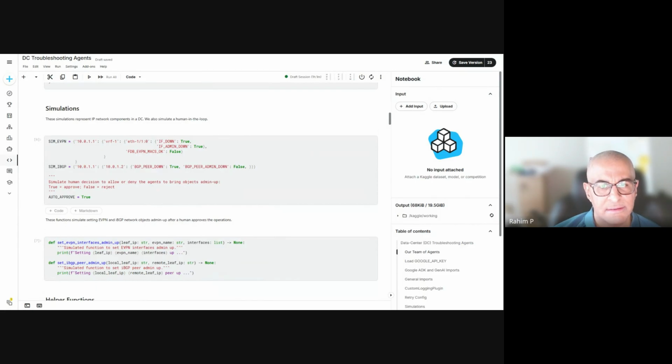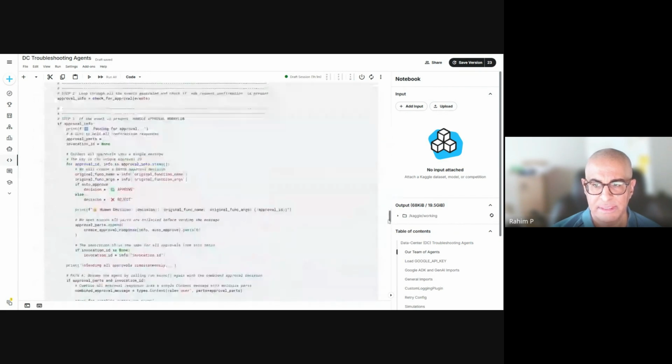You'll see here that we are simulating in this run an EVPN interface that is down because it has been administratively set down, and a BGP peering that is down because it's a failure. We know it's a failure because administratively it's up.